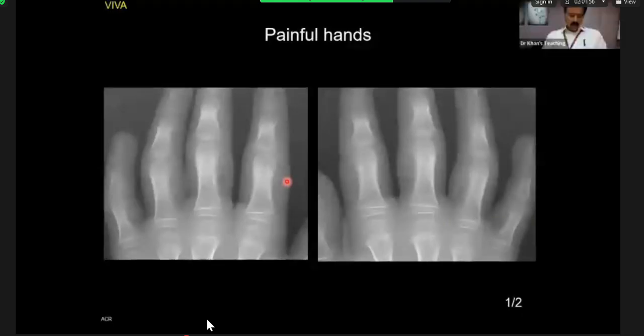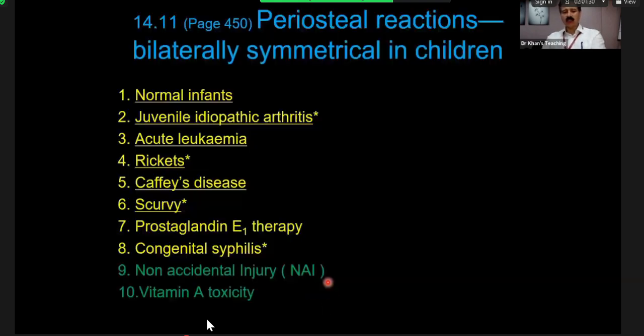Okay. So if you see here, you remember when we were doing the first chapter, or the second chapter, we went through the differential diagnosis of bilateral symmetrical periosteal reaction in a child. And the key thing which I told all of you is that in the exam, you have to tell the examiner the differential diagnosis for the case which is shown to you.